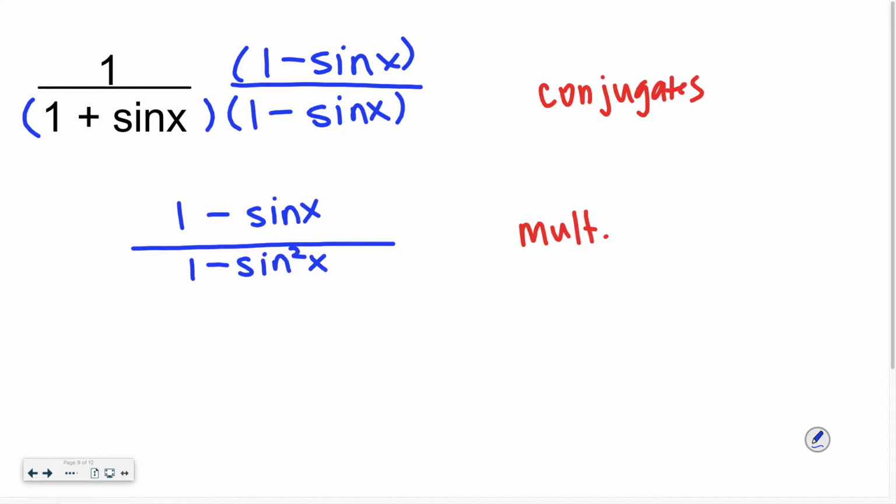If we rearrange this, 1 minus sine squared is the same thing as cosine squared. So we can use our Pythagorean identity to write this as cosine squared for our denominator.